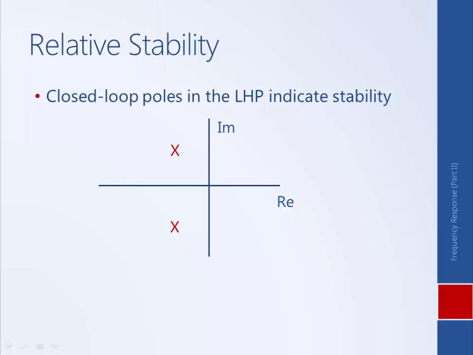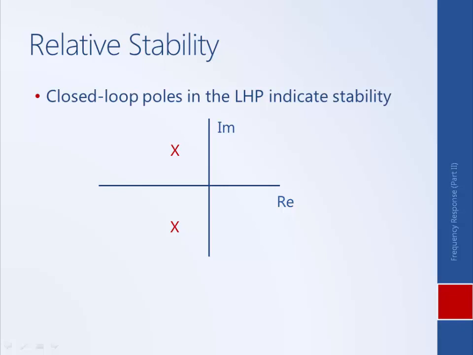Because when we design our system and design our controllers, we may have limited knowledge of the disturbances and noise, we may have limited knowledge of the plant, and so our estimate of where the closed loop poles are may be incorrect. And so we don't just want to be stable, we want to be robustly stable.